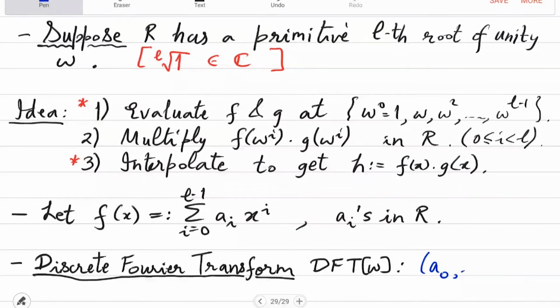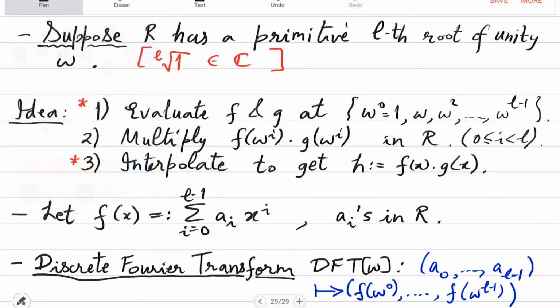So A0 dot dot A L minus 1, it will map to f at omega 0, dot dot, f at omega L minus 1.